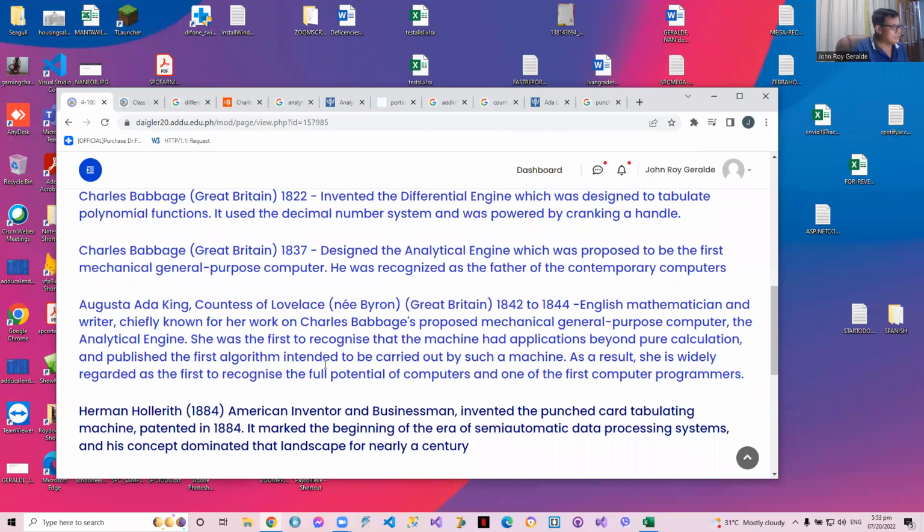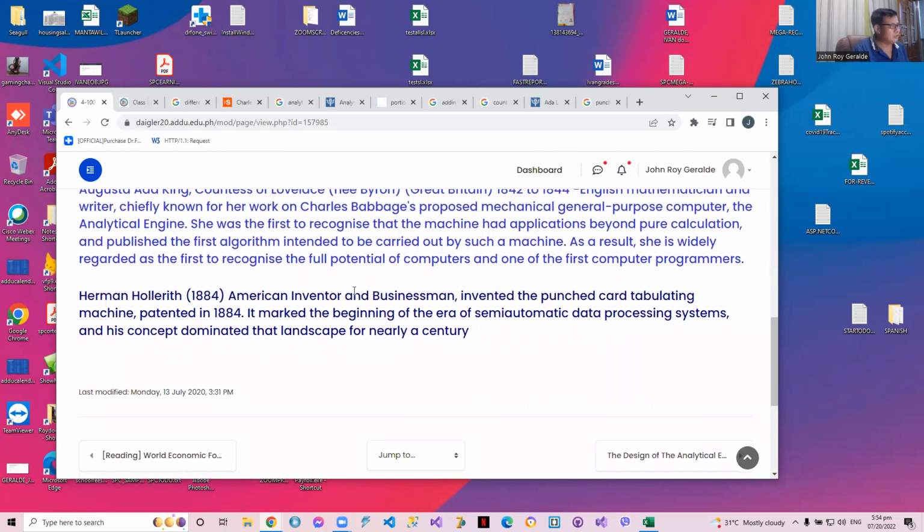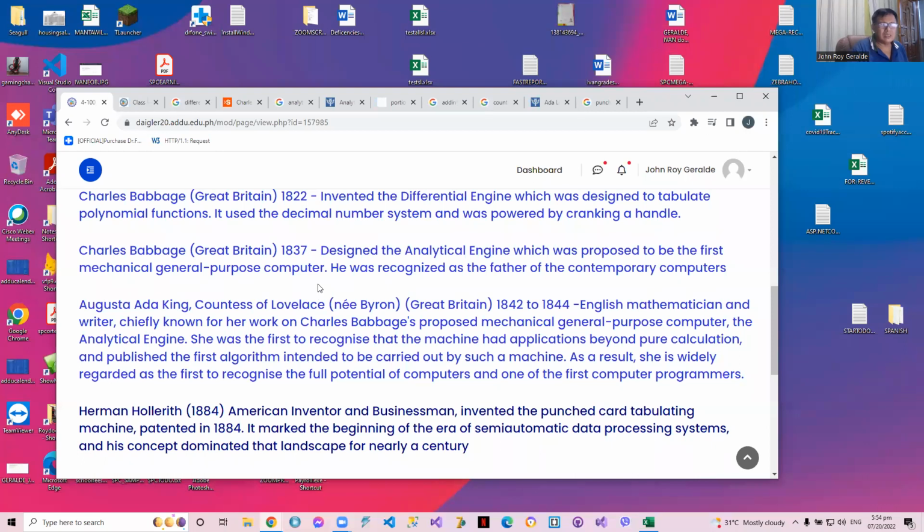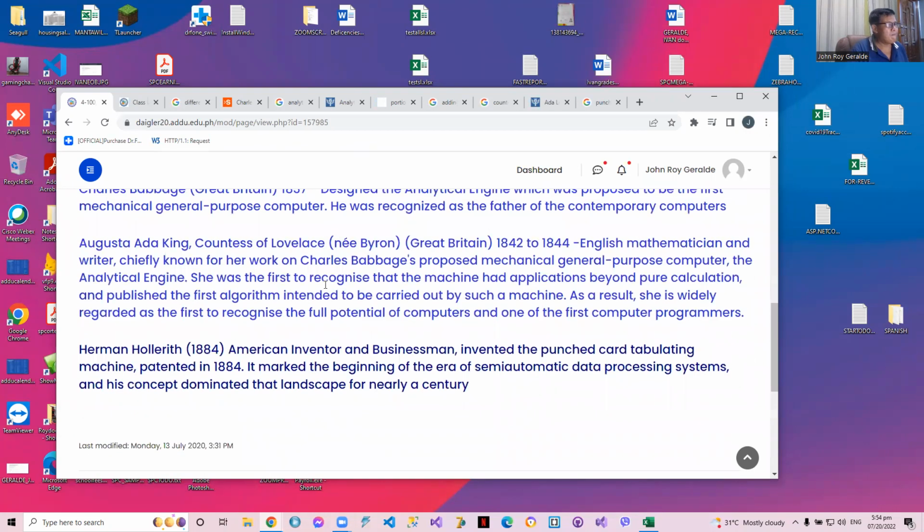In order to facilitate the count, Hermann Hollerith developed a recording machine called the punch card. It's not electronic; it's still a mechanical punch card tabulating machine. He patented it in 1884. So it was like the first hard disk. Punch cards were the most popular media for recording.